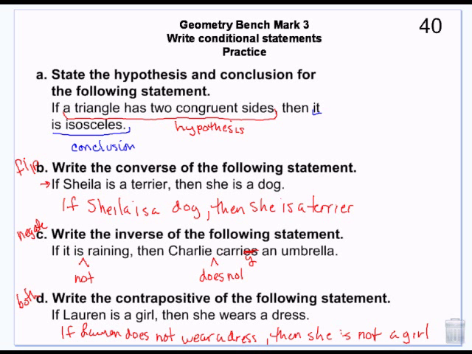There's not a single girl in here wearing a dress. No, you're not wearing a dress, are you? No. So now is the conditional true? If Lauren is a girl, then she wears a dress? No, neither of these are necessarily true, because there's a lot of girls that never wear dresses.